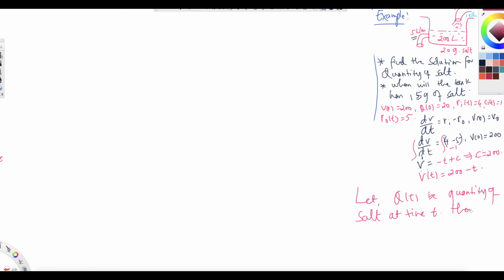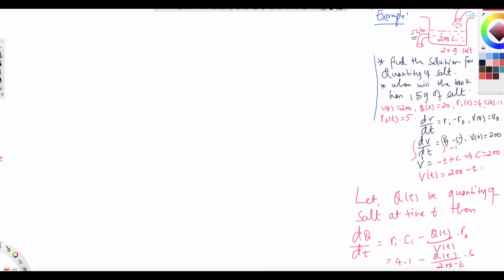Then dQ/dt equals Ri times Ci, minus Q(t) over V(t) times Ro, right? So what do you get there? Ri is 4 times 1 minus Q(t), and V(t) is 200 minus t now, right?